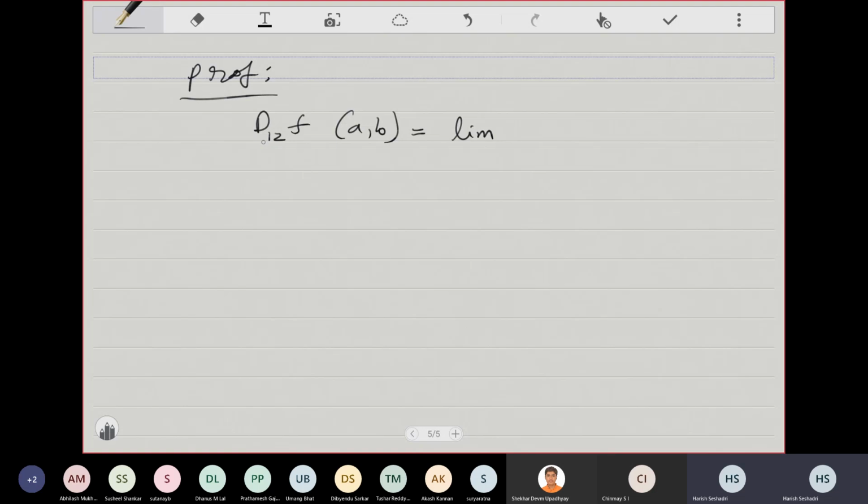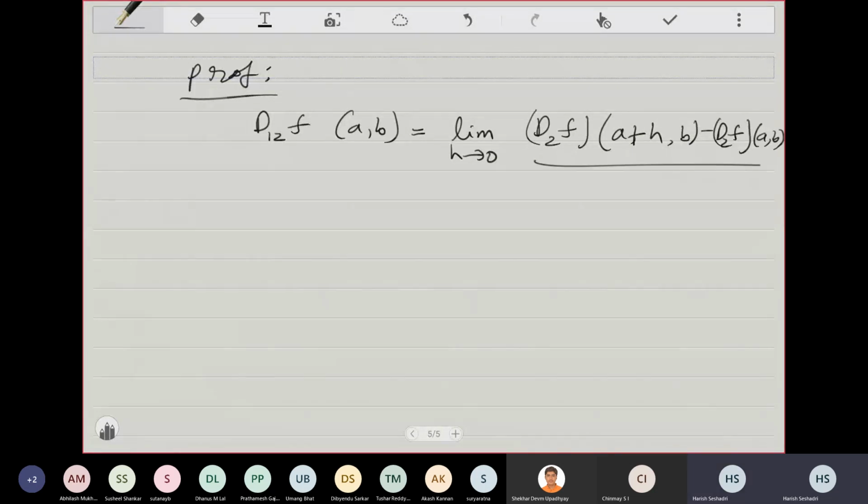See, I'm differentiating with respect to the first variable, but the function being differentiated is this thing, D2f: the limit of D2f at (a+h, b) minus D2f at (a,b), divided by h.